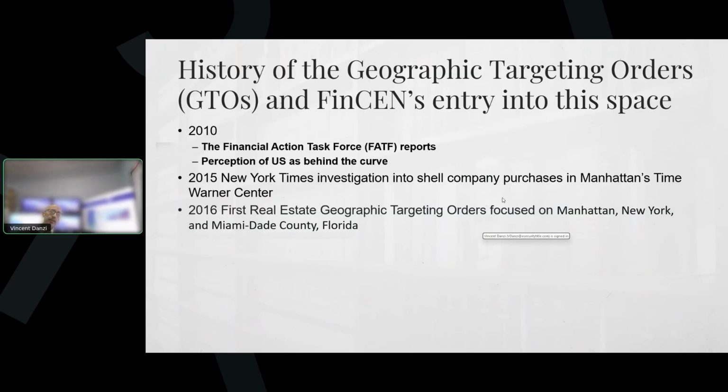Then in the mid-2010s, and actually in 2015, the New York Times did an investigative report on the use of shell companies in the purchases of high-end condominiums. And apparently it had become something of a selling point among some real estate developers that they were marketing condominiums and property overseas to overseas investors.